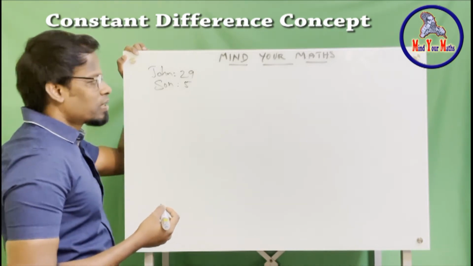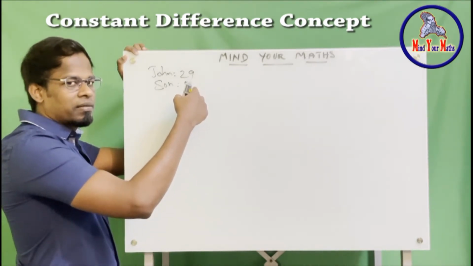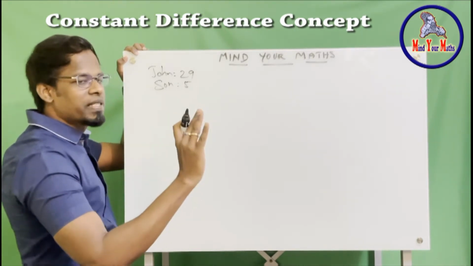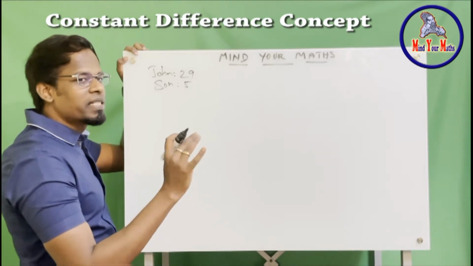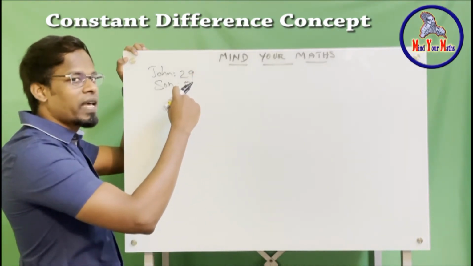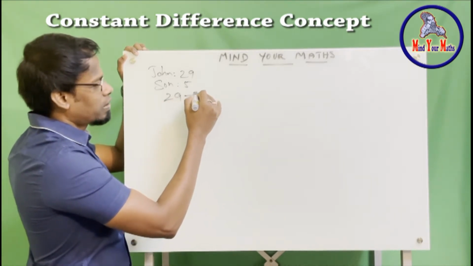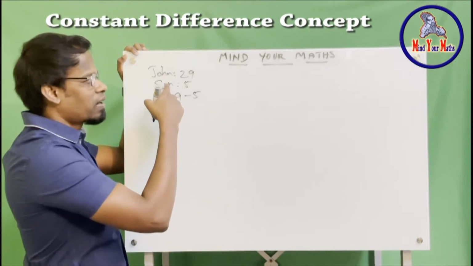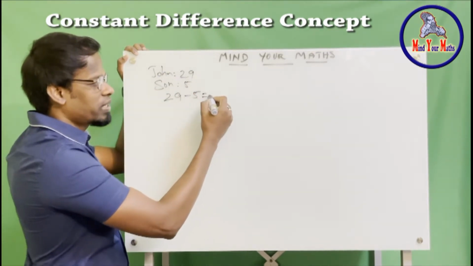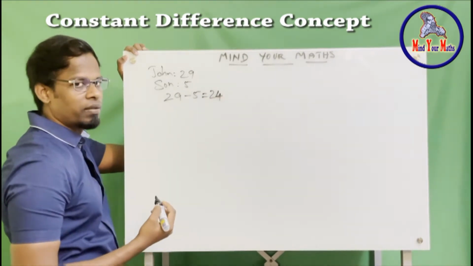So now the age difference between them will always be the same. What do I mean by that? Let's see what the difference in the age between them is. What do we do for that? We subtract the age of the son from the father, which means 29 minus 5, which is 24 years.